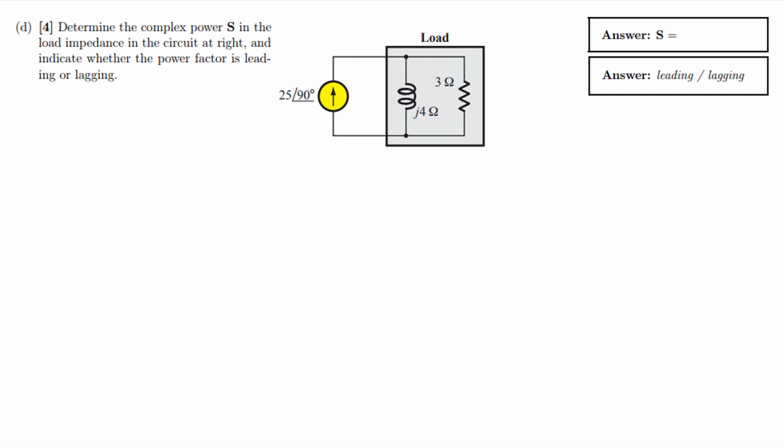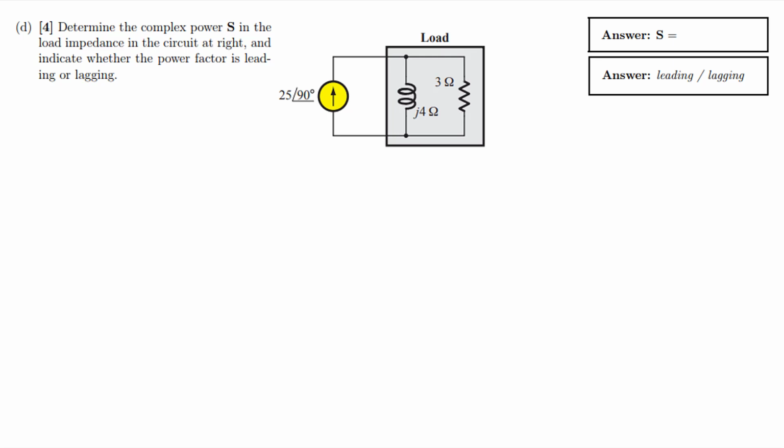For question 1d, we are to solve for the complex power phasor S for this circuit. We're given a load impedance of two parallel components, an inductance and a resistor, and we're supposed to say whether the power factor is leading or lagging. Okay, so how do we solve this?